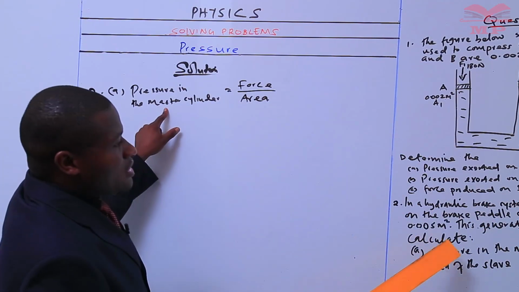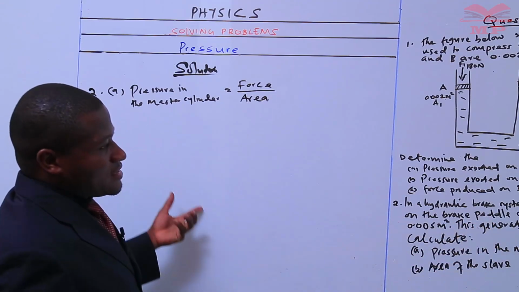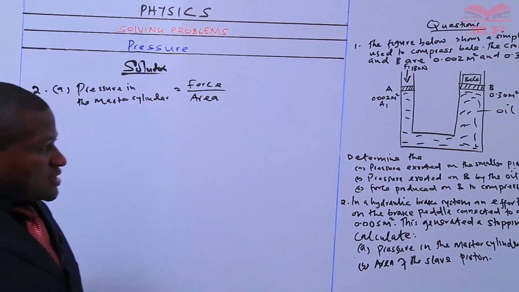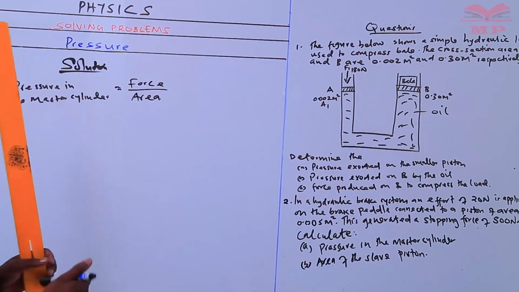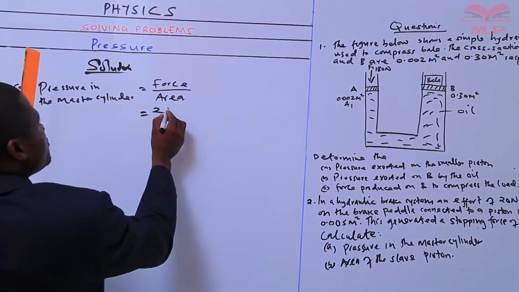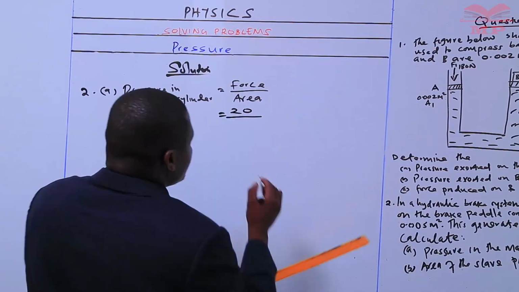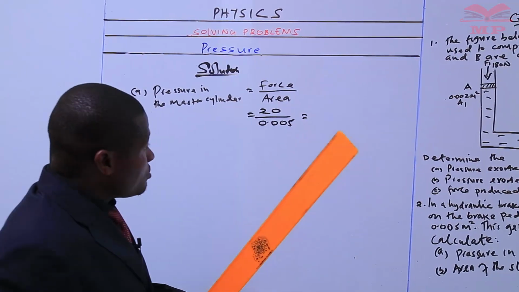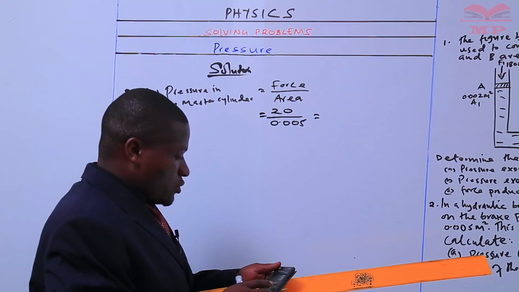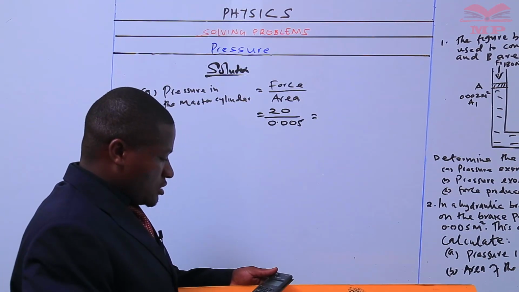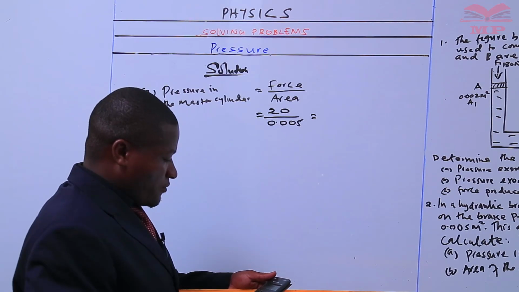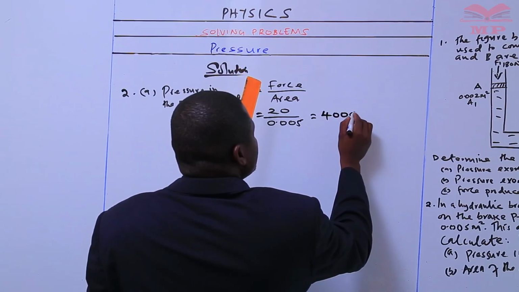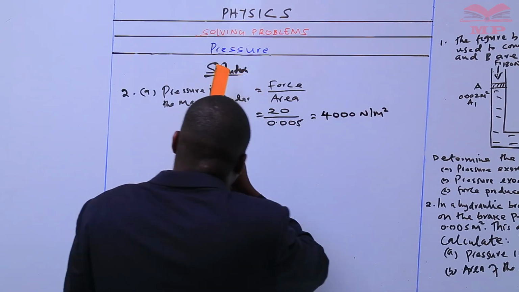The area of the master cylinder and brake pedal is just the same, and the force is just the same. When I want to calculate that pressure, I just substitute in the values. So I have 20 force divided by area, which is 0.005. So we have 20 divided by 0.005. We have 4,000. So this gives me 4,000 Newton per meter squared.